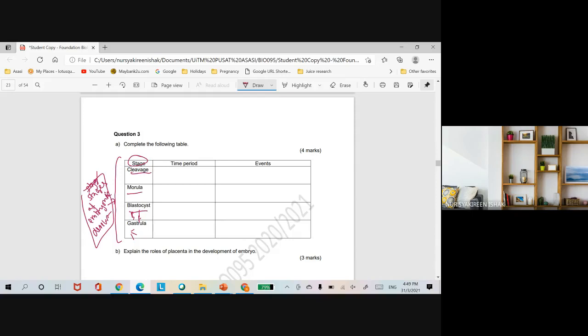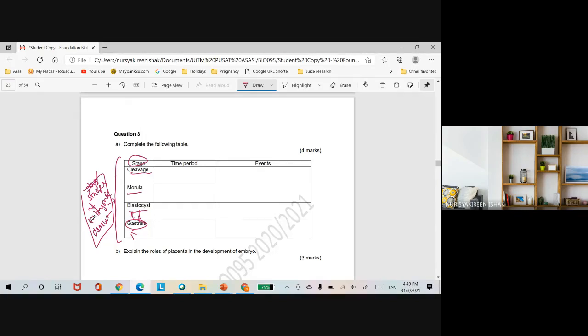Itu those are the stages. Lepas gastrulation kan, gastrula tu benda dia lah kan, yang the blastocyst that form the 3 layers tu is the gastrula. Okay, proses dia adalah gastrulation. Proses untuk menghasilkan gastrula tu adalah gastrulation. Okay. So kalau awak tengok dekat sekejap ya.